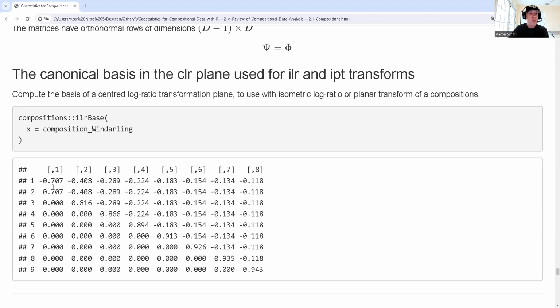And so here you can see that if I drop in my composition, I can get the canonical basis going real easily. And you'll notice that these add up to 0. If I add all these up, it's going to add up to 0. And you can see that each column adds up to 0.